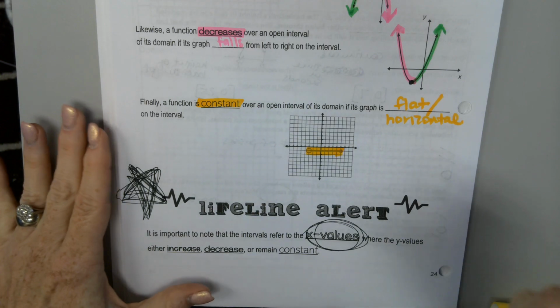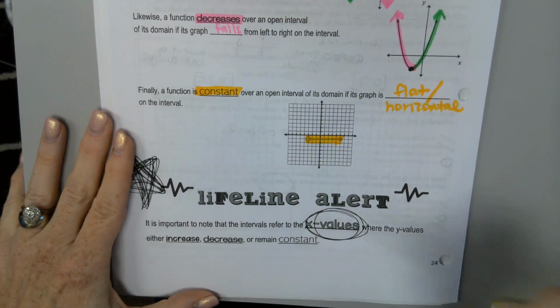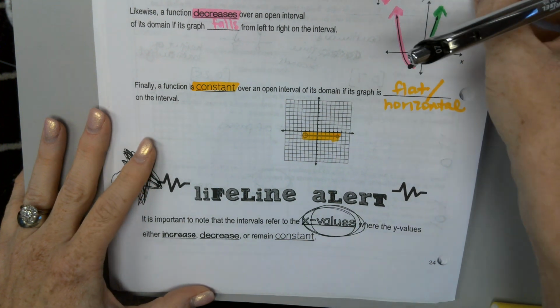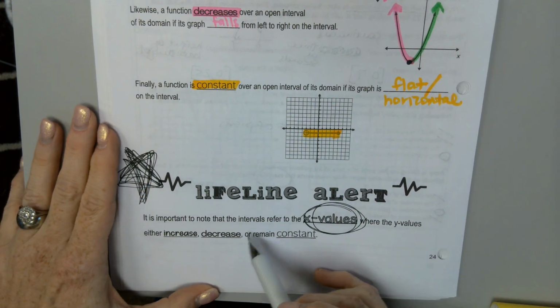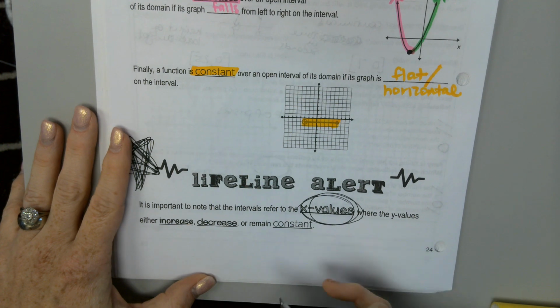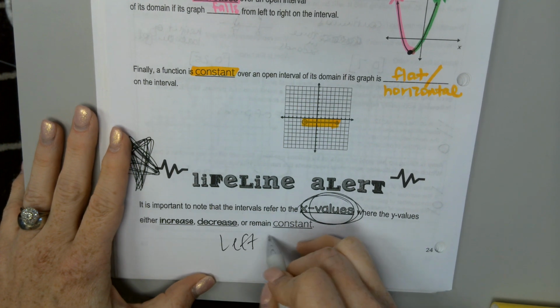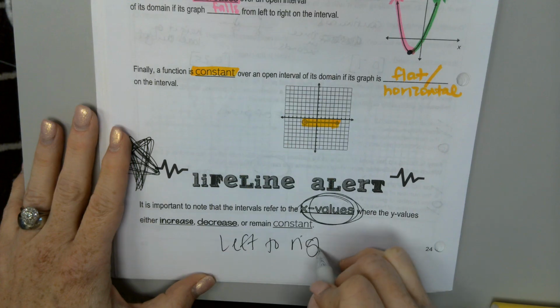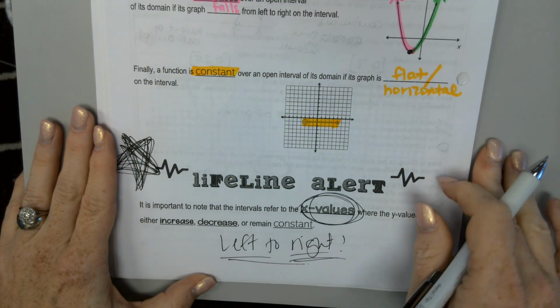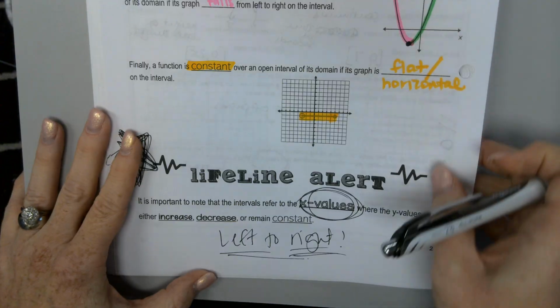So we write our intervals according to our x values. Do not miss that, okay? I don't want you to get messed up on that. This is important. We write our intervals from left to right.